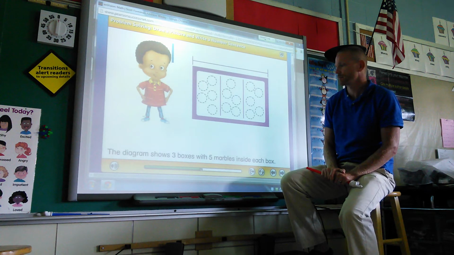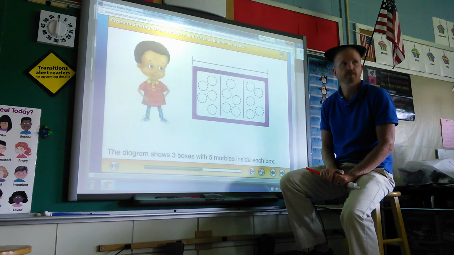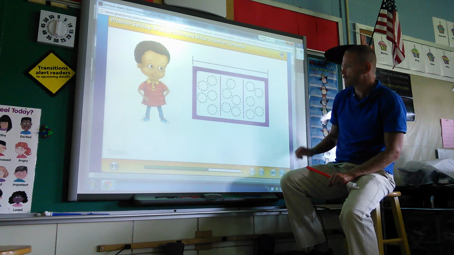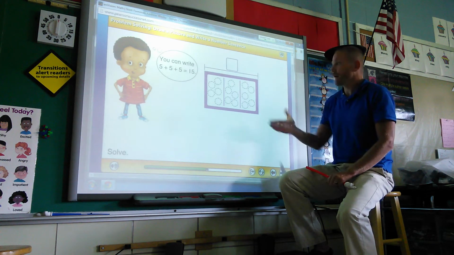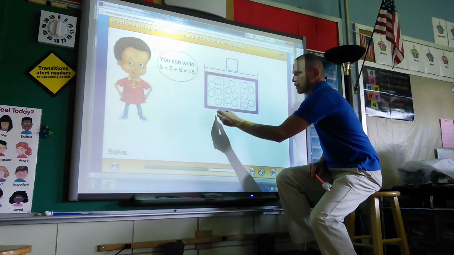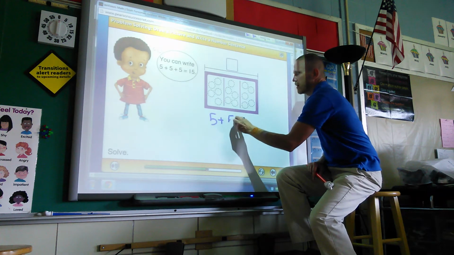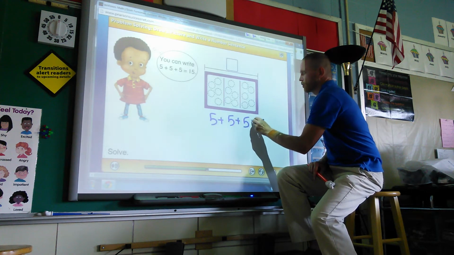The diagram shows 3 boxes with 5 marbles inside each box. Solve. You can write 5 plus 5 plus 5 equals 15. So right now I would ask them to go ahead and do this again, and they would write 5 plus 5 plus 5 equals 15.